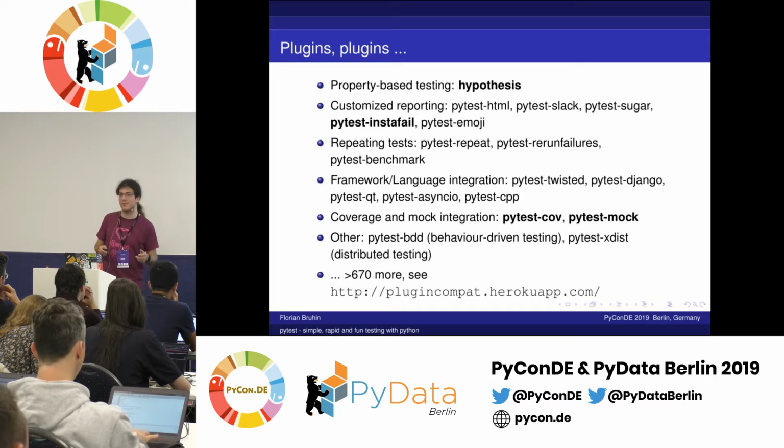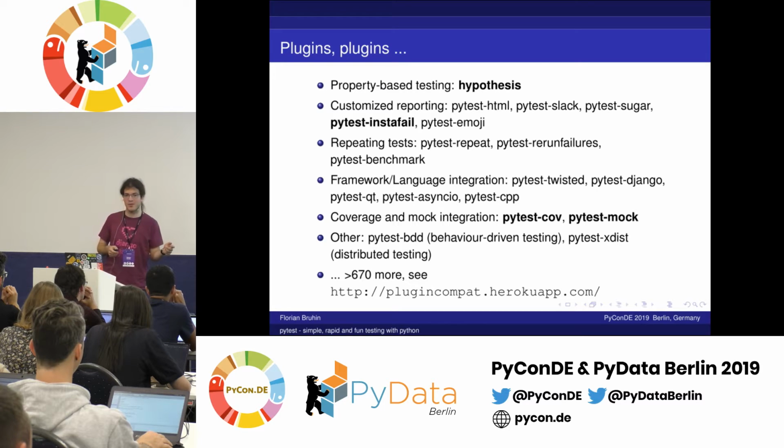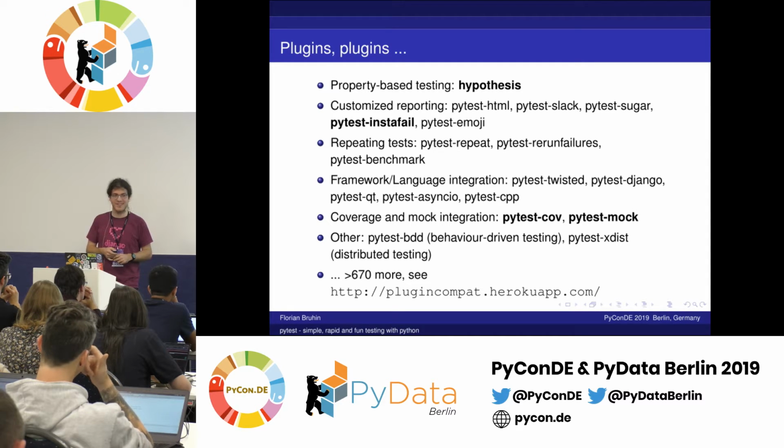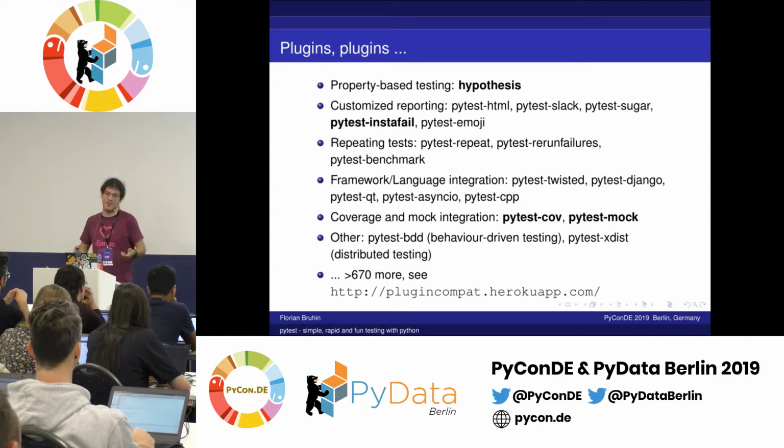For example, if I have some encode method and a decode method, I should be able to encode something, decode it again, and get back whatever I had at the beginning. So it's just like 2 or 3 lines of code. You call Hypothesis, it calls your tests with some hundreds of values, and it's really clever about it, and finds issues you would never have found by hand. So I'm quite fascinated by that. In the 3-hour version of the talk, there's an exercise about it, but I unfortunately had to cut it out.